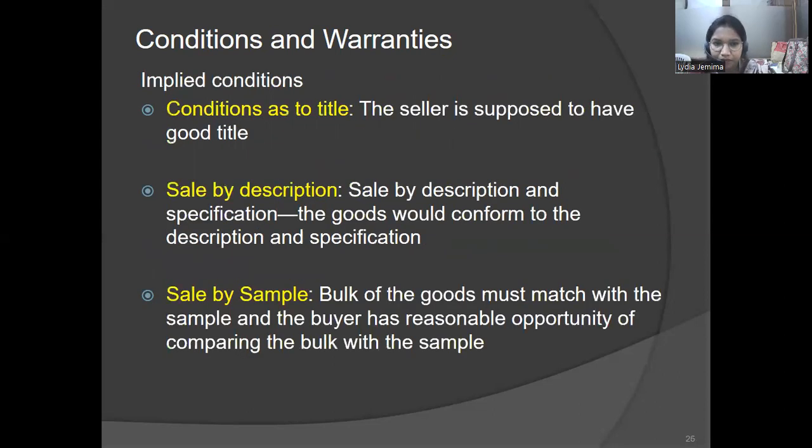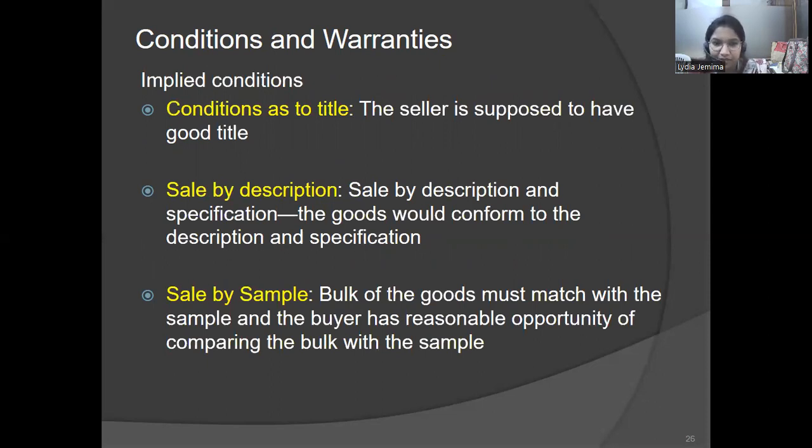Okay, so among implied conditions, one is the condition as to title. The seller is supposed to have a good title. For example, I'm a person who's selling a car. I've sold it to someone. Later, the person gets to know that it is a stolen car. So it doesn't have a valid title. It has a title as a stolen car, right? Which is not valid. So that is the condition where he has to have a proper title.